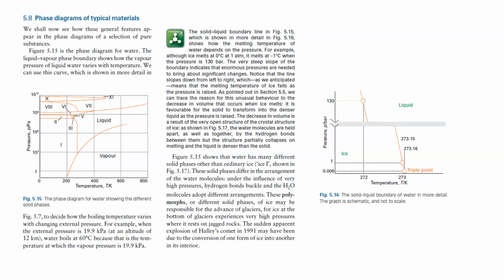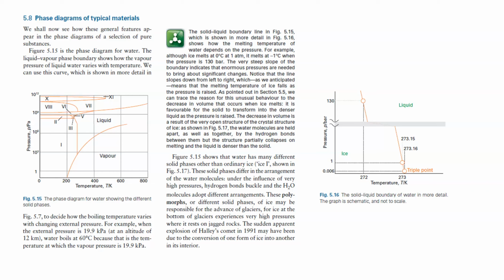We can use this curve, which is shown in more detail in figure 5.7, to decide how the boiling temperature varies with changing external pressure. For example, when the external pressure is 19.9 kilopascals at an altitude of 12 kilometers, water boils at 60 degrees Celsius because that's the temperature at which the vapor pressure is 19.9 kilopascals.